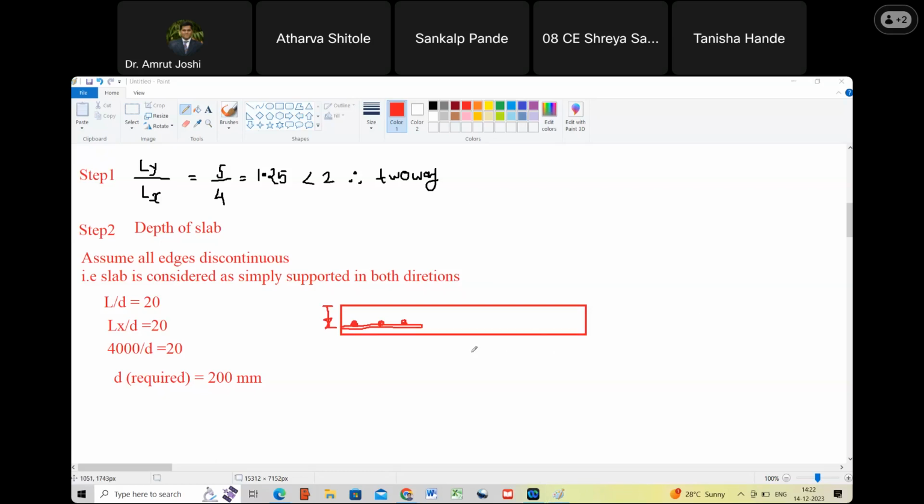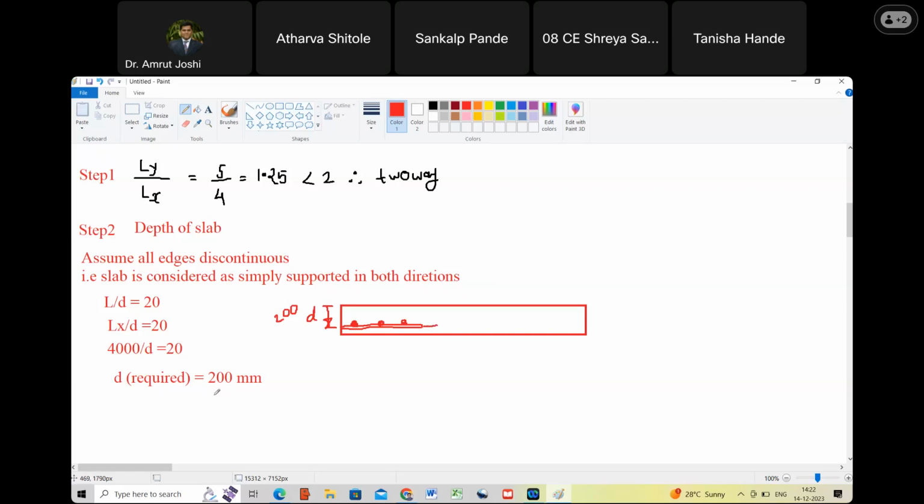Tanisha, am I audible now? Yes, sir. Okay. So we have bars in both the directions for a slab. So we have calculated the value of D. That D can be shown on this diagram like this. That D value is 200 mm. Are you with me? Sir. So it is up to the center of this bottom bar. Happy? Sir. Okay.